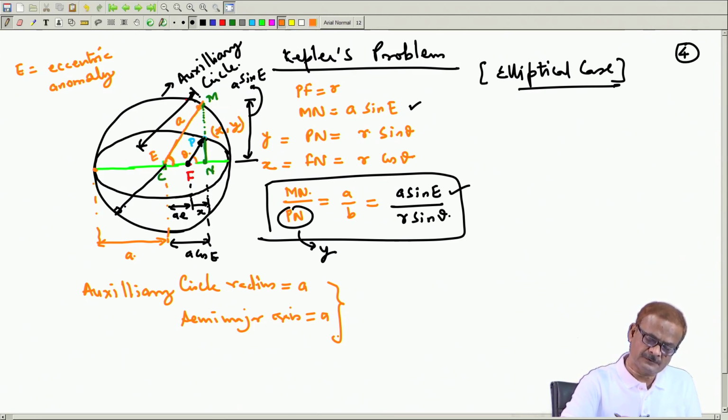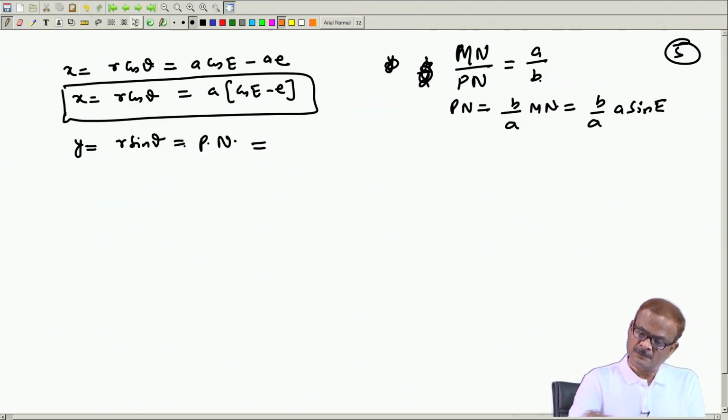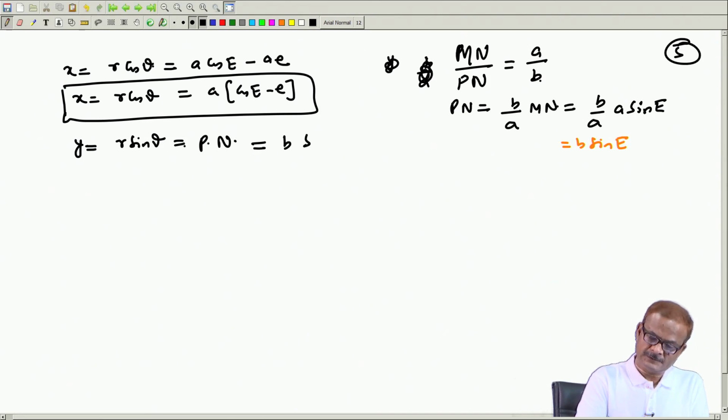So, this is the radius of the earth. So, you have to be careful about this. So, getting this, PN equal to B sin E.